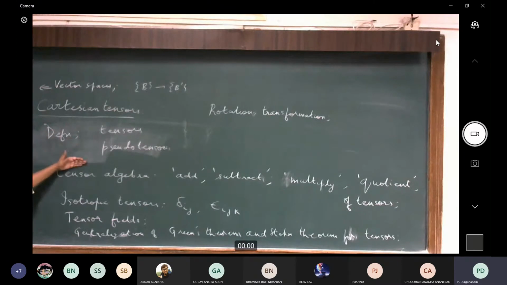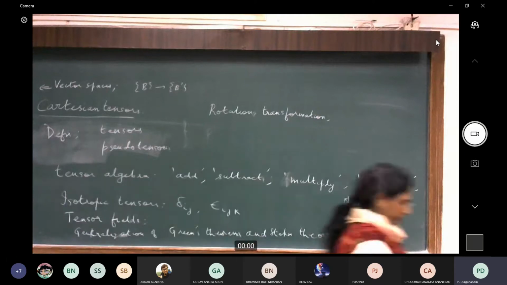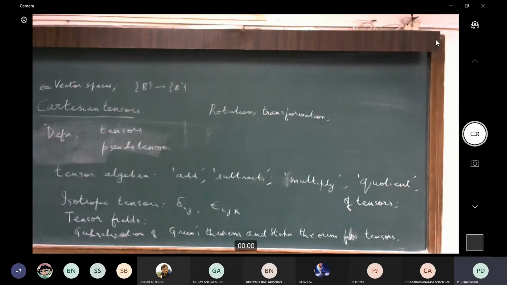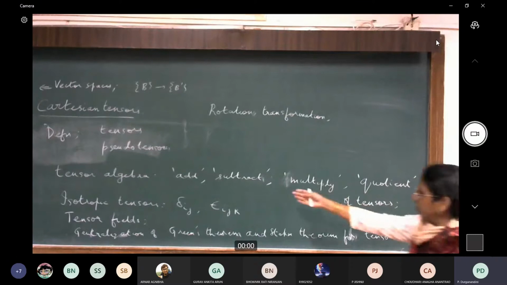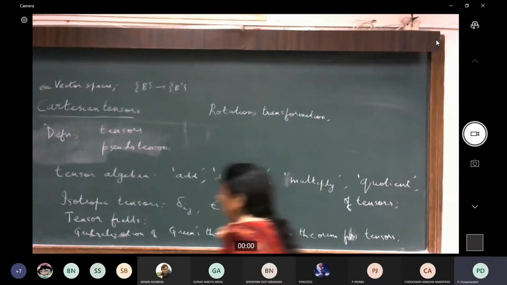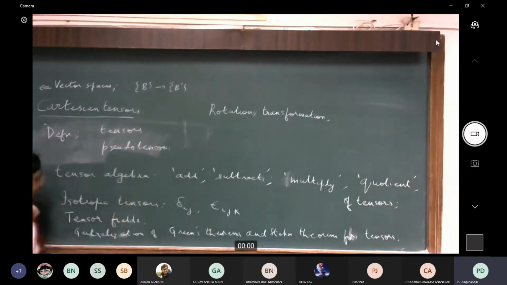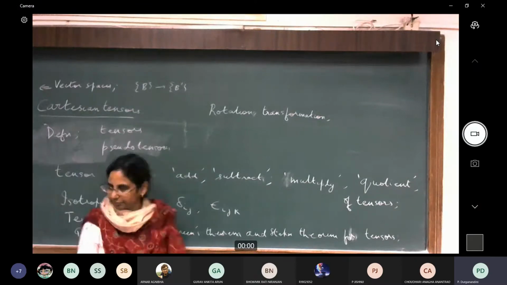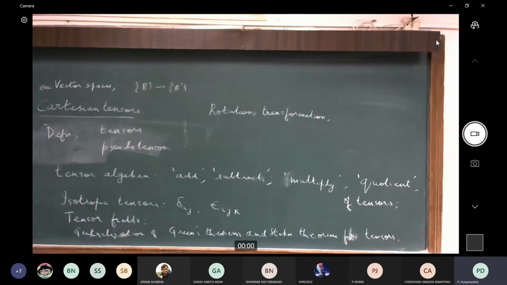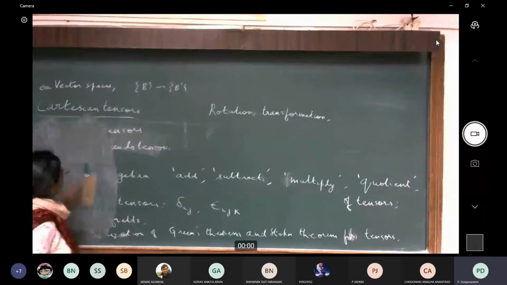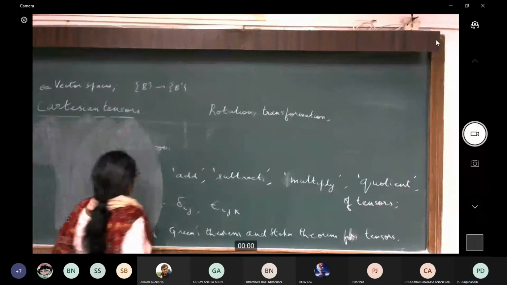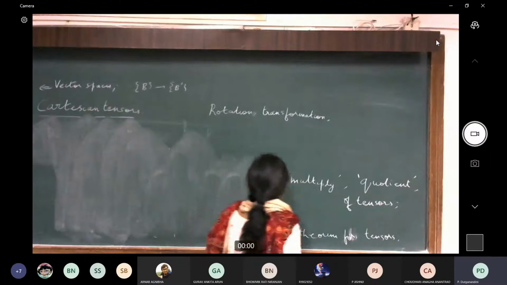Then I could also ask you to use tensor algebra, that means addition of tensors, or to find some resultant tensors using two given tensors by any of these operations. Then to use concepts like isotropic tensors in particular situations, and also how to deal with tensor fields, tensor calculus, and the utilization of this. So right now, let's first take some simple problems.